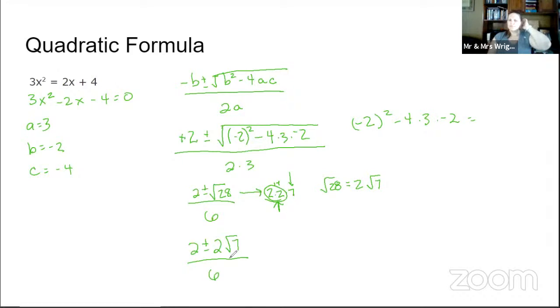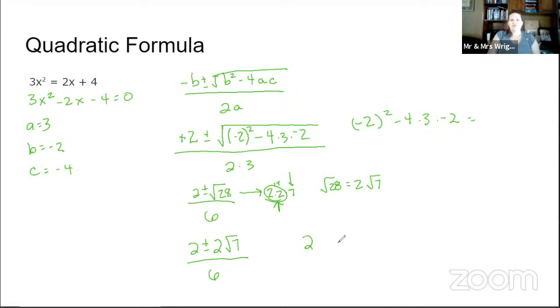Now, we can simplify this fraction. It's over 6, so 2 over 6 can be reduced. Remember, when you have a fraction with an expression at the top, something with a plus or minus in the middle, that fraction is really an addition problem.